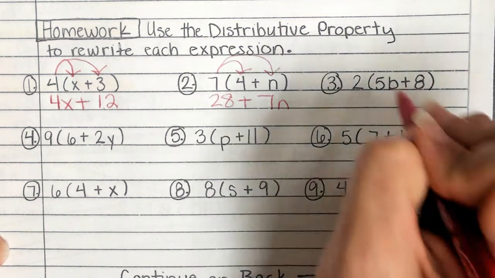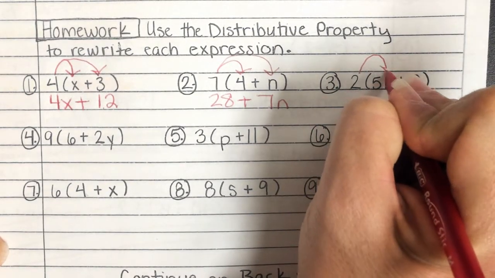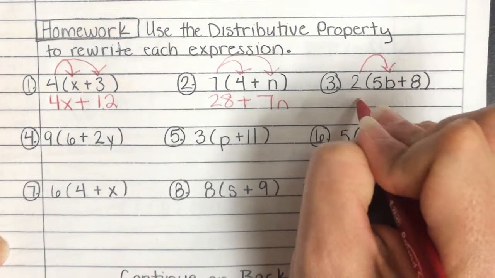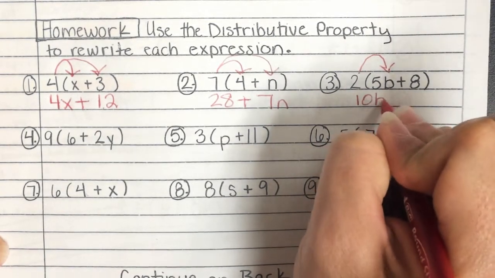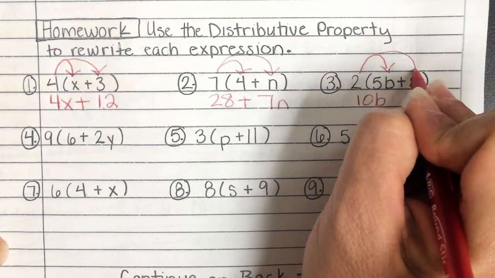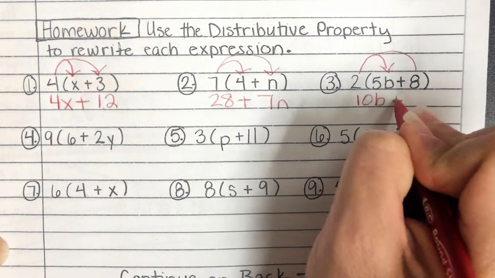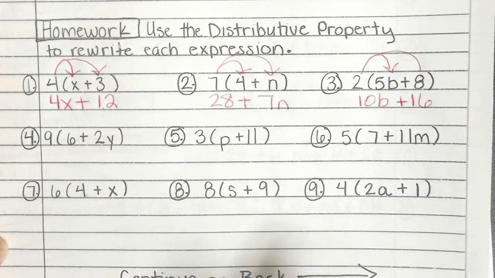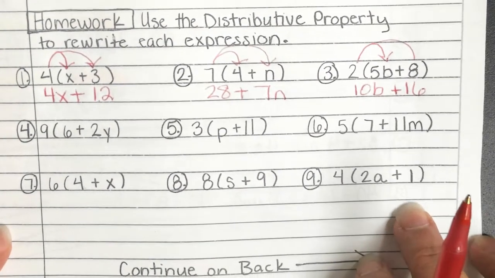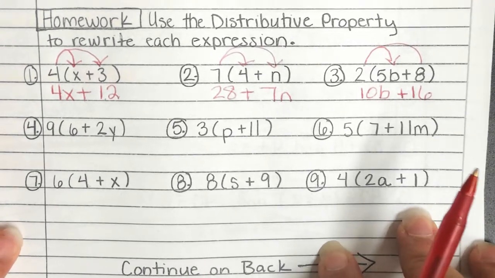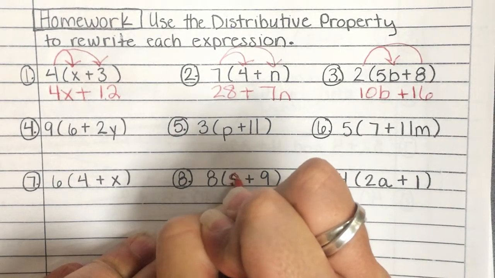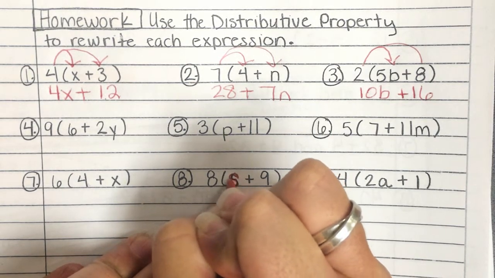Okay, 2 times 5b, 10b, and then 2 times 8, yes, plus 16. I will say, hint, hint, for some of you, if you're on number 8 already, that is an S. That is just a crookedy S. I know it's not a 5, it's an S.